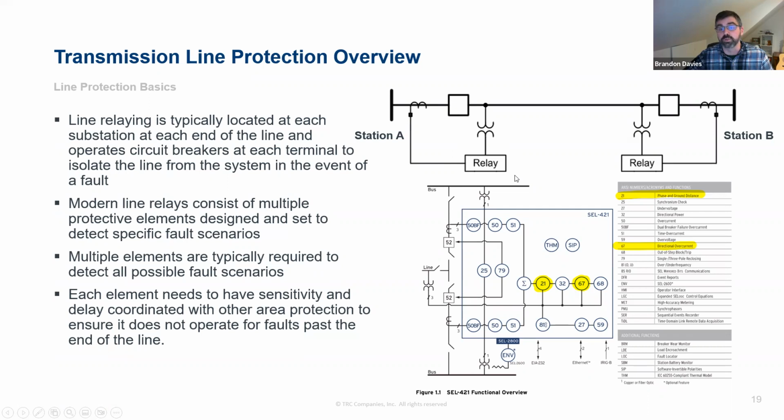So, 2 dedicated relays on each terminal that would be operating in parallel with each other. And those relays need to be configured to detect the fault conditions and take action to isolate the line in the case of a failure.